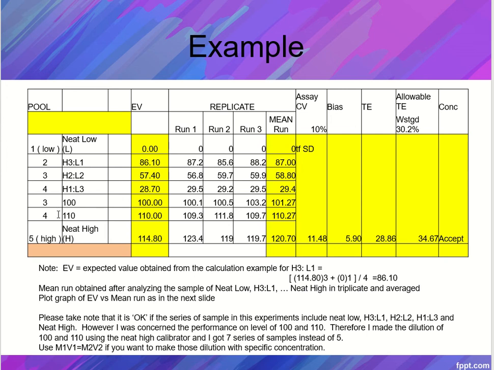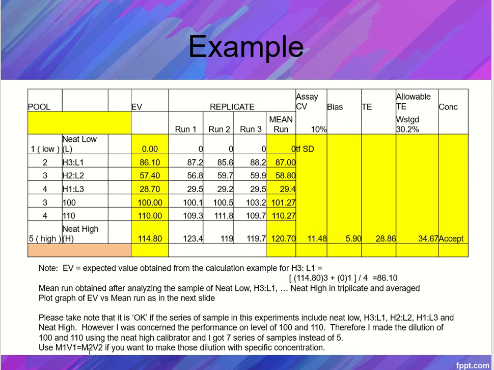Therefore, I made dilutions of 100 and 110 using the neat high calibrator, and I got 7 series of samples instead of 5. So how do I make these concentrations? I use the formula M1V1 equals M2V2. So this is the equation.